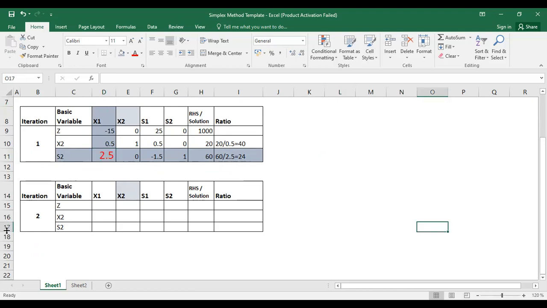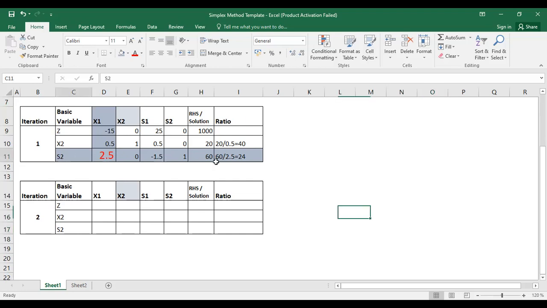Now that we all understand the process, the first thing, like we said, is to find the new values for our pivot row. This is the current pivot row, but we have to find the new values. Because this wasn't optimal, we identified the X1 column as the pivot column and S2 as the pivot row.